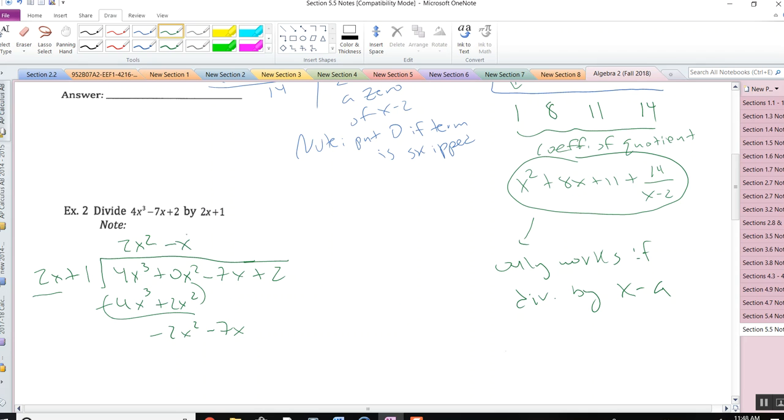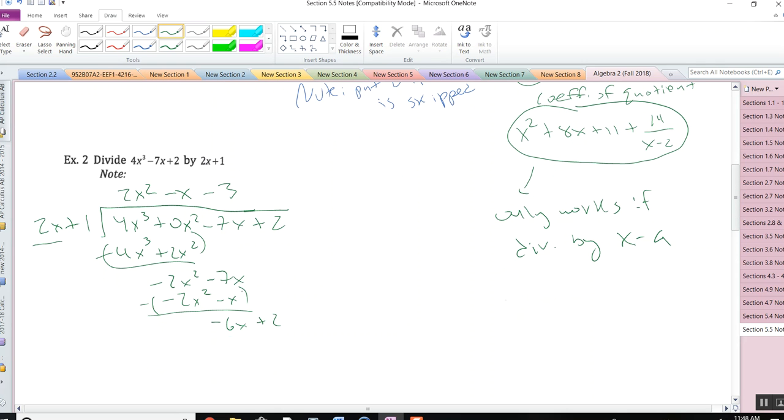Sorry, negative x times. So negative 6x plus 2. That goes in negative 3 times. That'll be 5. To get plus 5 or 2x plus 1.